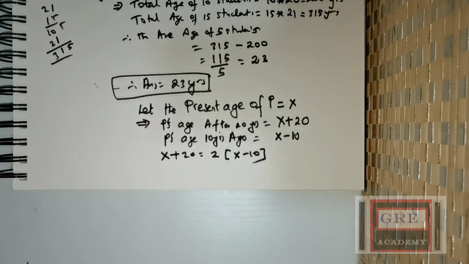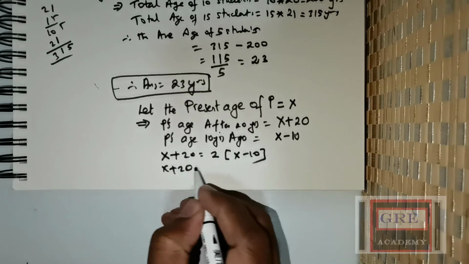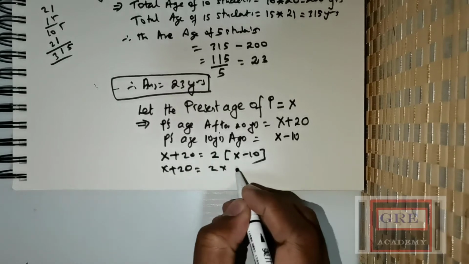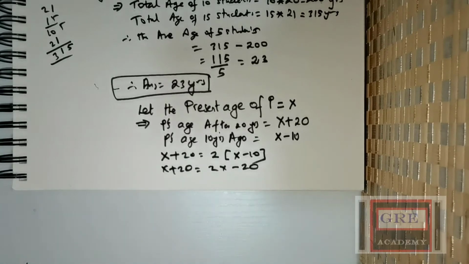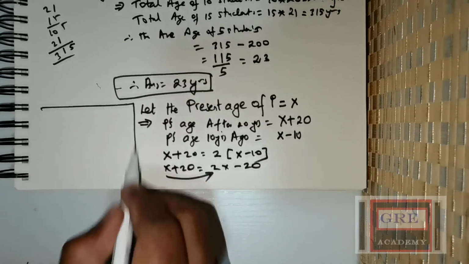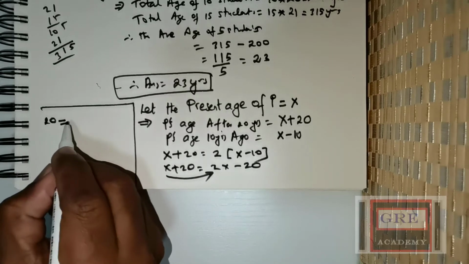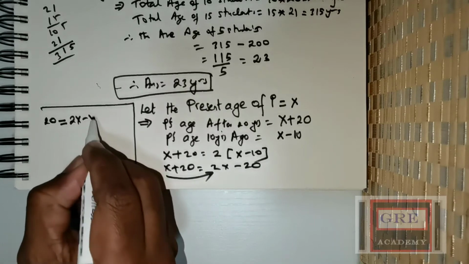After we have connected, we have to evaluate this. Just remove the parentheses. So this is going to be x plus 20 is equal to 2x minus 20. Now move the x to the left, and we would have on the left 20, on the right 2x minus x.